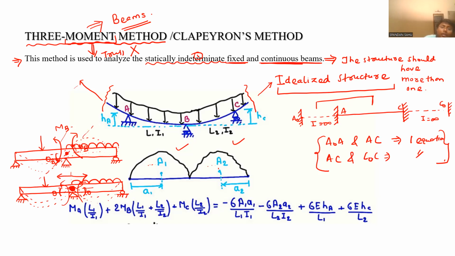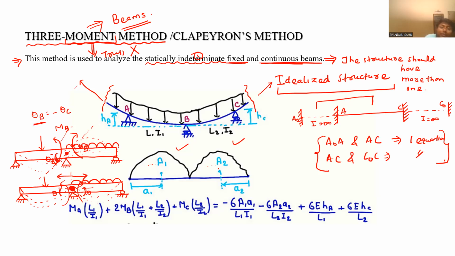If you are writing it the other way, one is clockwise and one is anticlockwise, taking sign convention into consideration, you will write theta b equal to minus theta c.